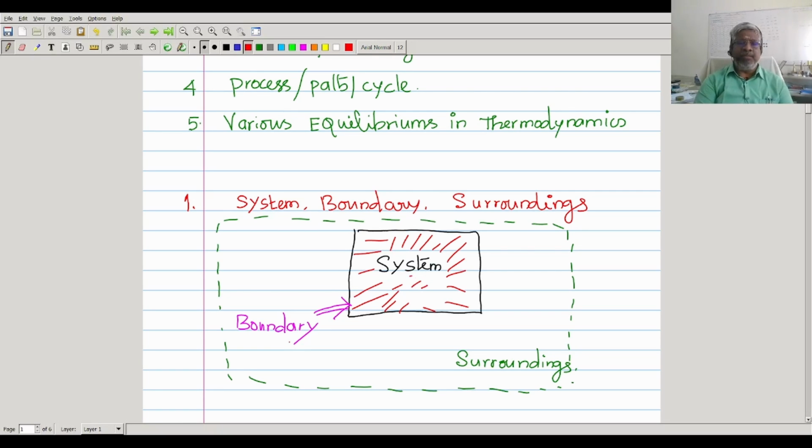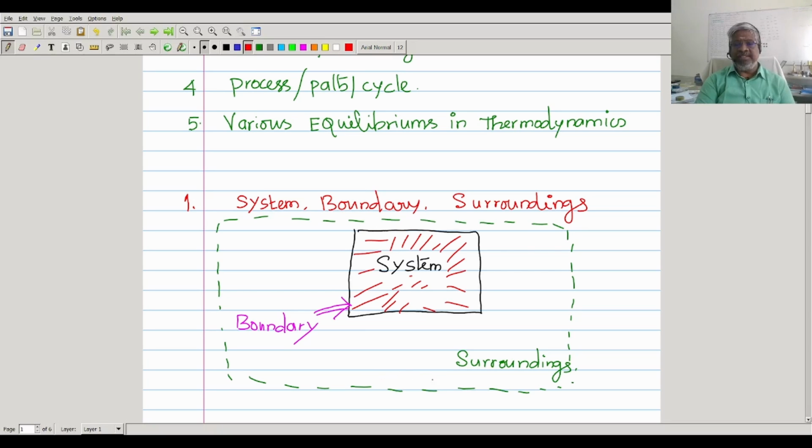The second one is the boundary. What exactly is the boundary? The boundary is nothing but the outermost surface of the system. It is a three-dimensional object, so the outermost surface we call the boundary of the system. The understanding of the boundary is also very essential.